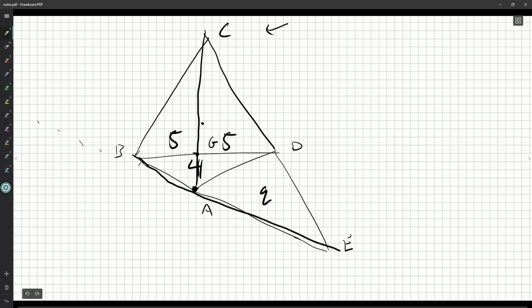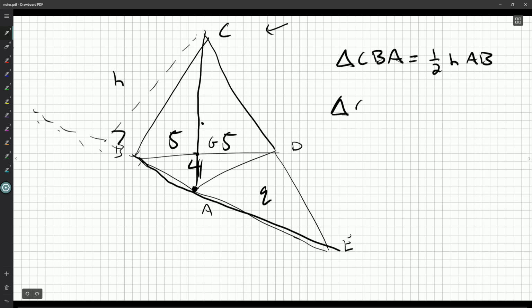If I extend this out, just as we did in A part, I can drop a perpendicular from C, wherever it may be. So triangle CBA has area, call this H again, 1/2 HAB.